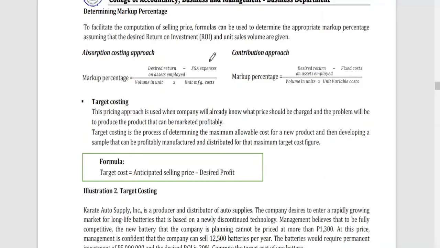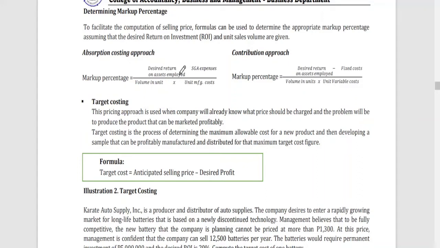So, assuming that in this case, they have a desired return on investments, which is what they want to get back, you can use that as your determinant for your markup percentage. So, assume that the ROI and the unit sales volume are given. So, this is how you can determine your markup percentage.